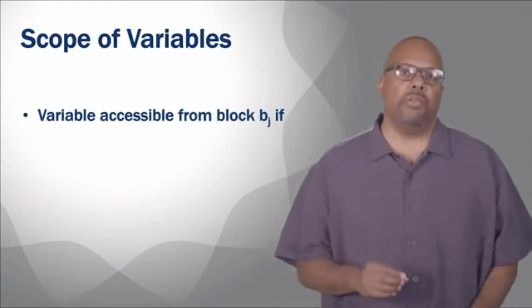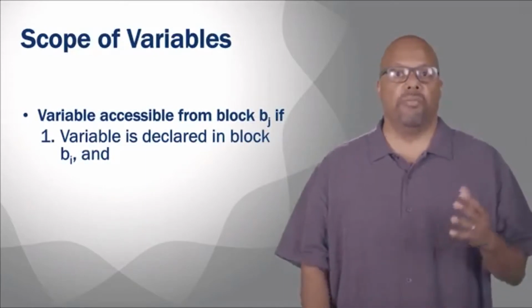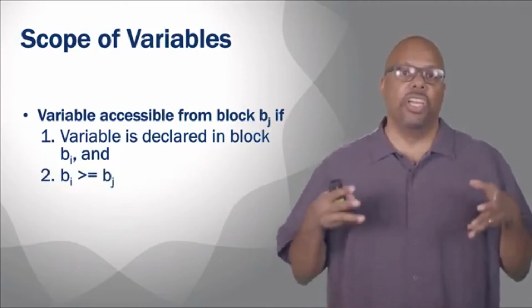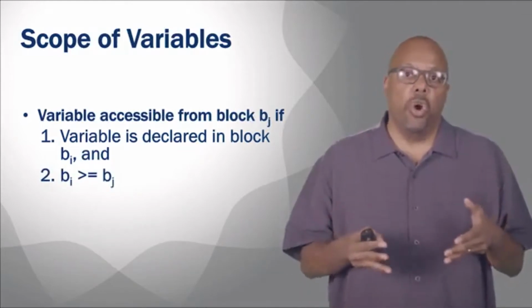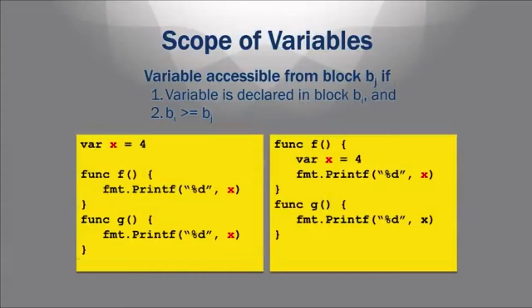So when you're talking about scope of variables, a variable is accessible from a block Bj if the variable is declared in some block Bi, and block Bi is greater than or equal to Bj. So the variable is either declared right there in Bj, or it's declared in some outer block that's greater than Bj. That's why in the first code sequence, x is defined inside the file block, and both of those functions, which are also inside the same file block, can properly access the x variable, because their function blocks are within the file block.